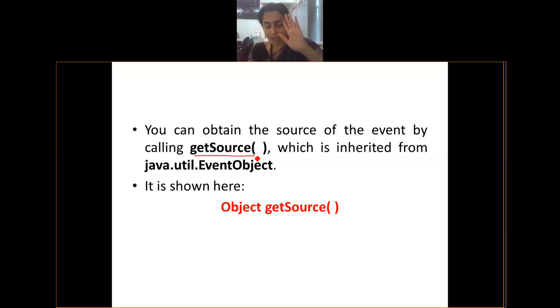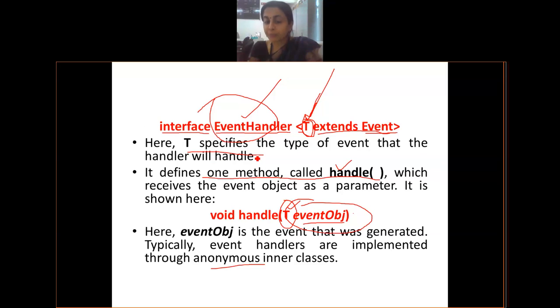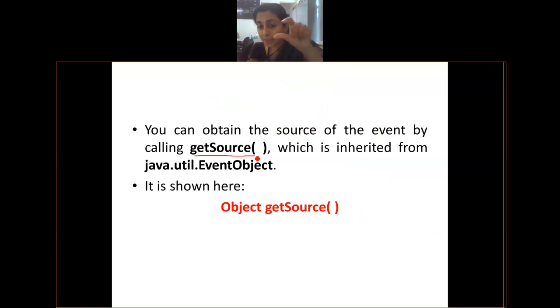So the things that you have to remember over here: you have an action event, you have the function handle, which takes in the parameter object of the event that comes under the interface event handler. Then there is anonymous class writing for the implementation of the handler. Then there is getSource, which gives what has triggered that particular event.